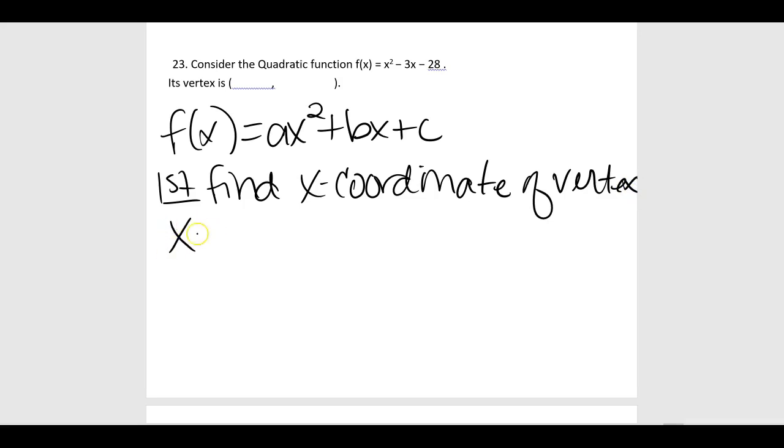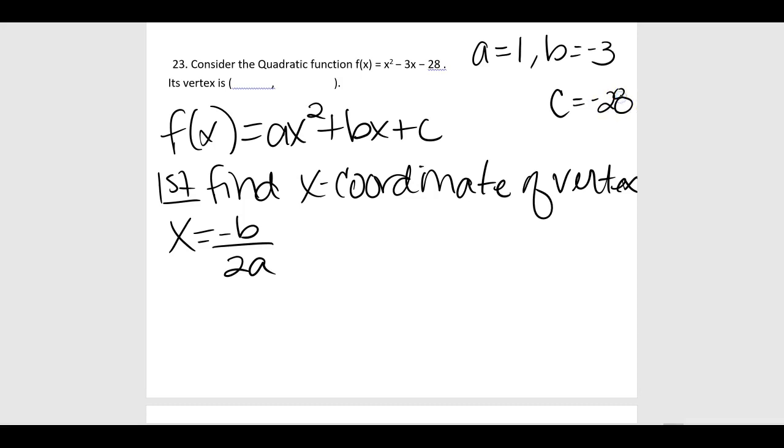And so to do that, we would say x equals negative b divided by 2a. And so for this function, a is going to equal 1, b is going to equal negative 3, and c is going to equal negative 28.